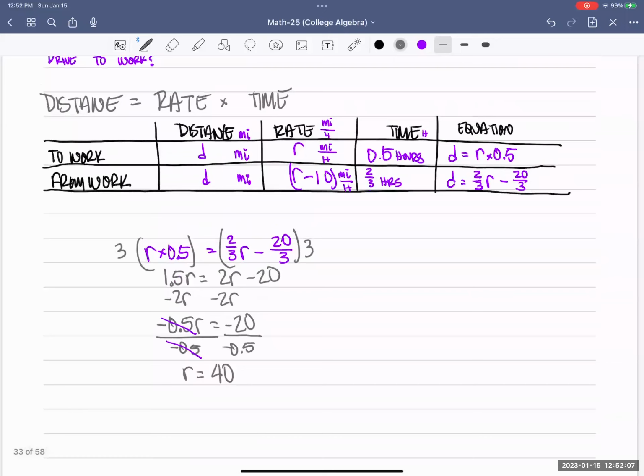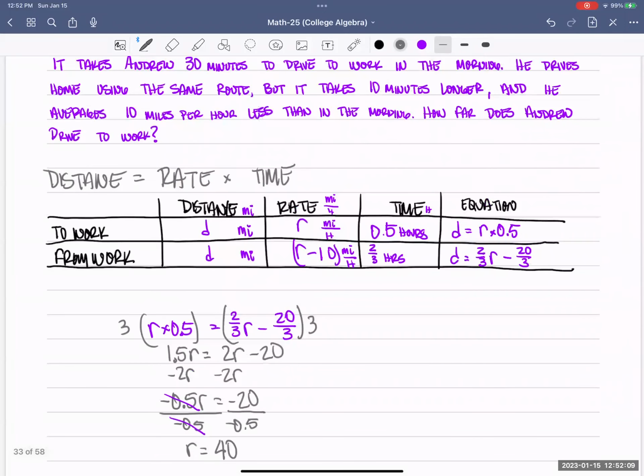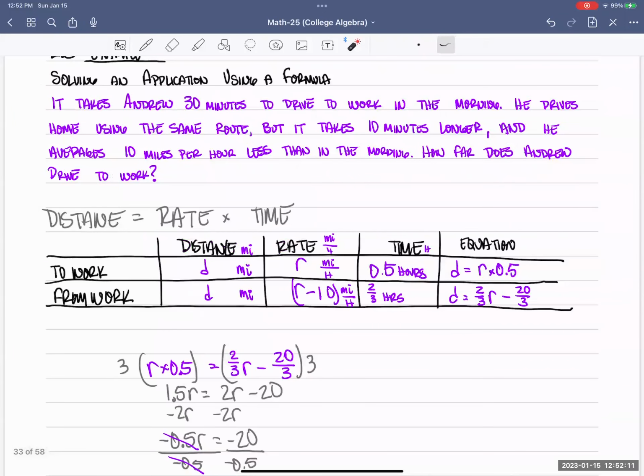Again, we're not looking for the rate. They want to know how far Andrew drives to work. So we could plug it into either one of these equations, because now we have r, we could find our distance here, or we could find the distance here. Just because I'm a little bit lazy, I'm going to plug it into this one, because over here we would have to multiply that fraction, figure out that fraction, subtract a fraction.